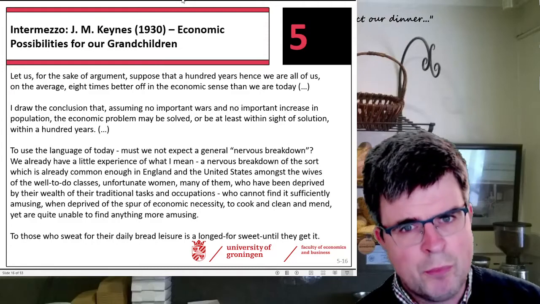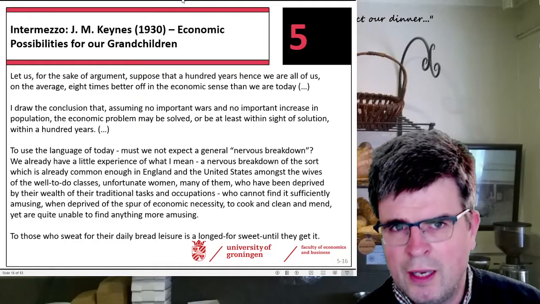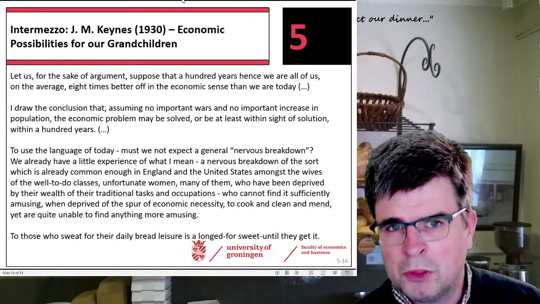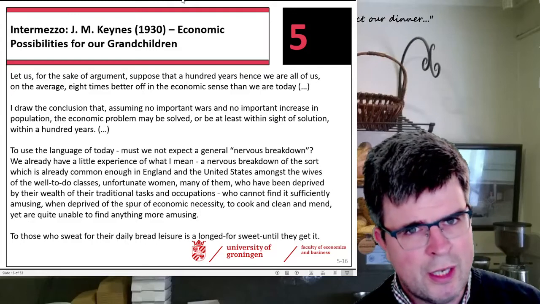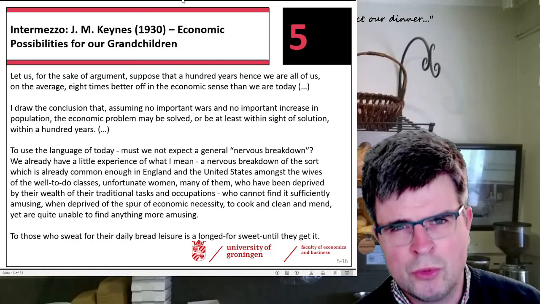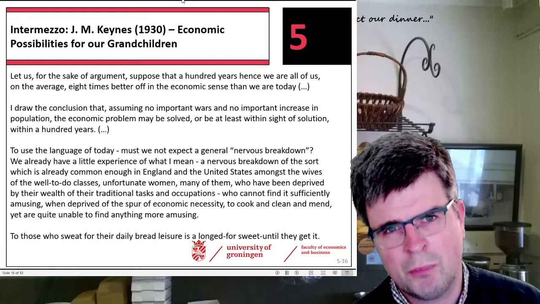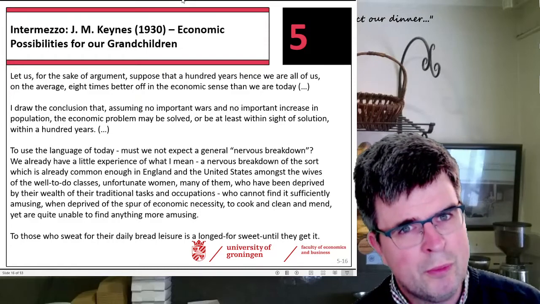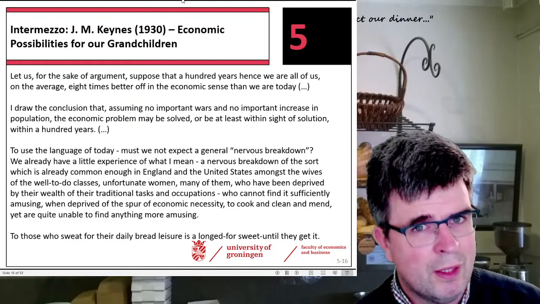So what would then happen? Keynes figured that if people are much more wealthy, then they might decide not to toil that much anymore and to reduce the number of hours they spend working. Because if you can earn sufficient money in 20 hours a week, why would you work 40 or 50 hours a week?